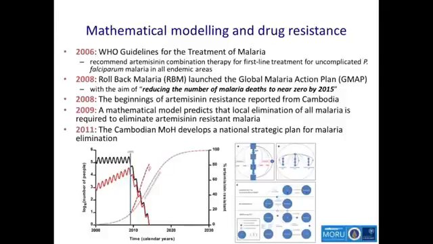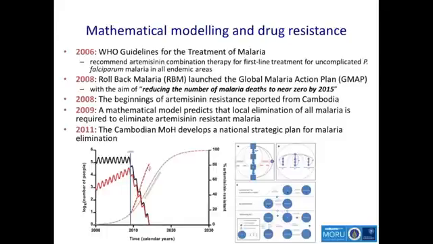You would reduce their numbers in such an elimination strategy, but the relative proportion of all infections that were resistant would increase. This is what we call the last man standing idea: if you're going to eliminate malaria, the last infections will be the most resistant.